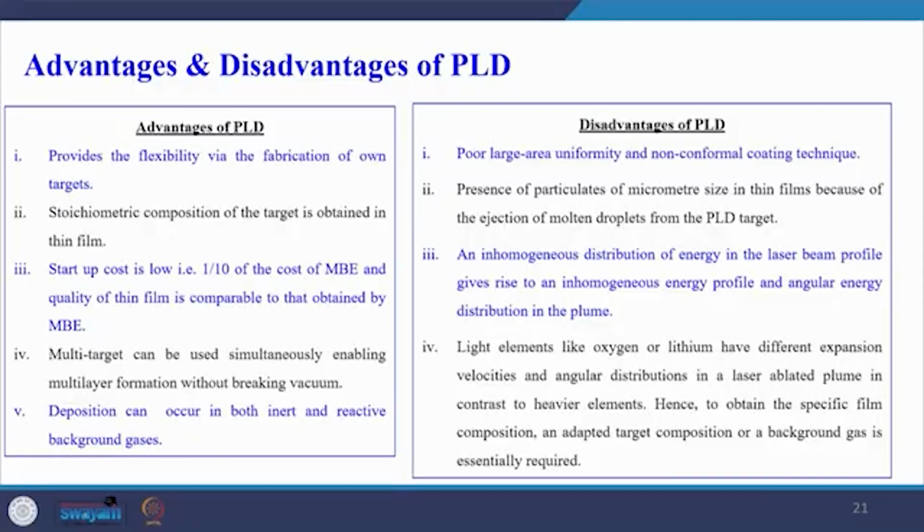That will also vary the composition of the target, so a background gas, like an inert gas, is required to obtain thin films with uniform composition and uniform thickness. In summary, pulsed laser deposition is a very useful and very simple technique for deposition of any kind of material.